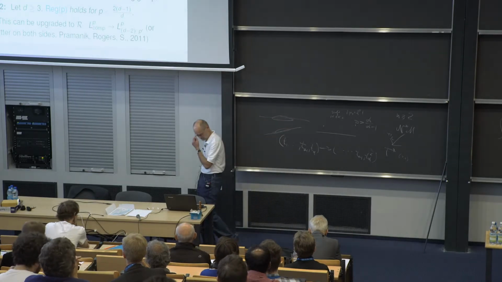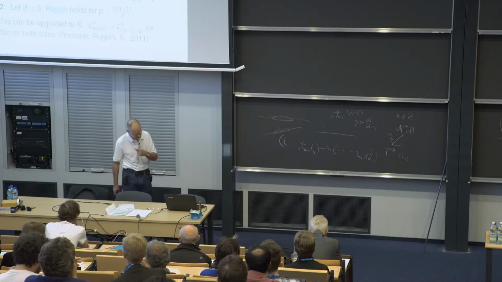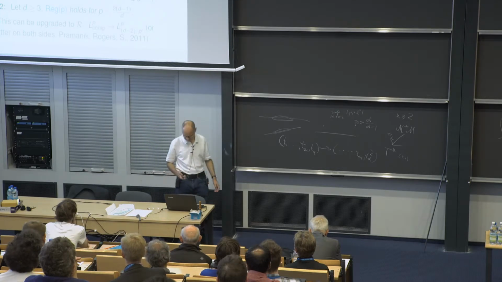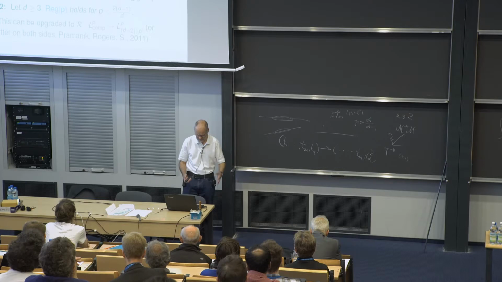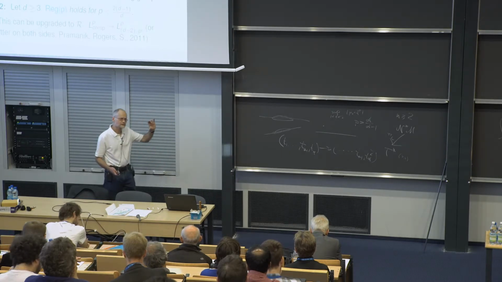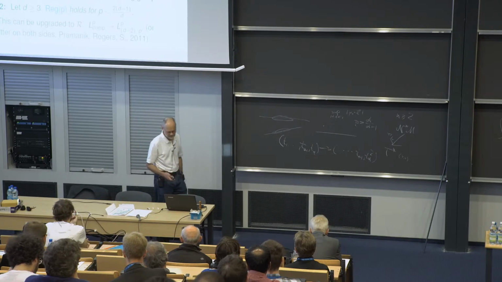So there's a paper with Malabika Pramanik and Keith Rogers in 2011, which sort of gives the general setup for this. But for the maximal operator, we are completely happy with the fixed frequency estimates.